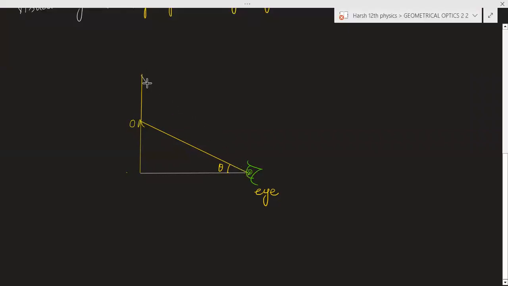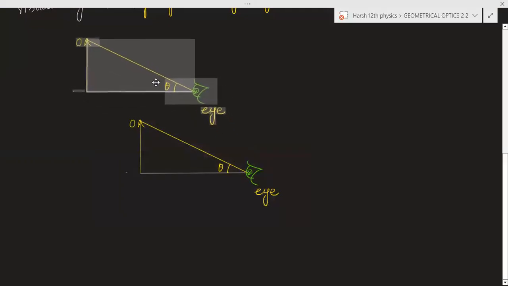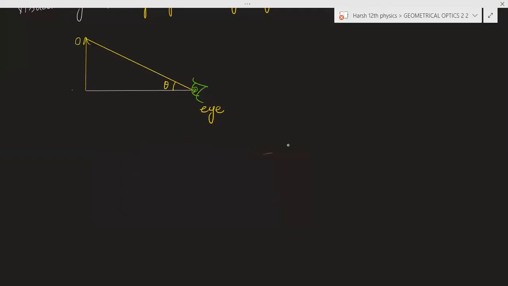So the height of the object is directly proportional to the visual angle.